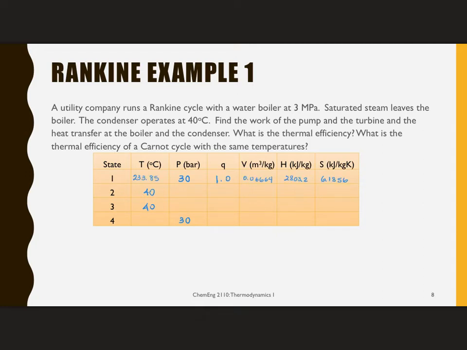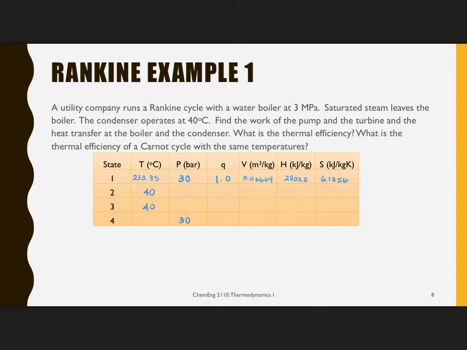At state 1, we find that the temperature must be 233.85 degrees C, with the volume, enthalpy, and S all given here. Now, we may not need all of this information, but I do find it very helpful to go ahead and, while I'm in the data tables, look up everything that I might possibly need.